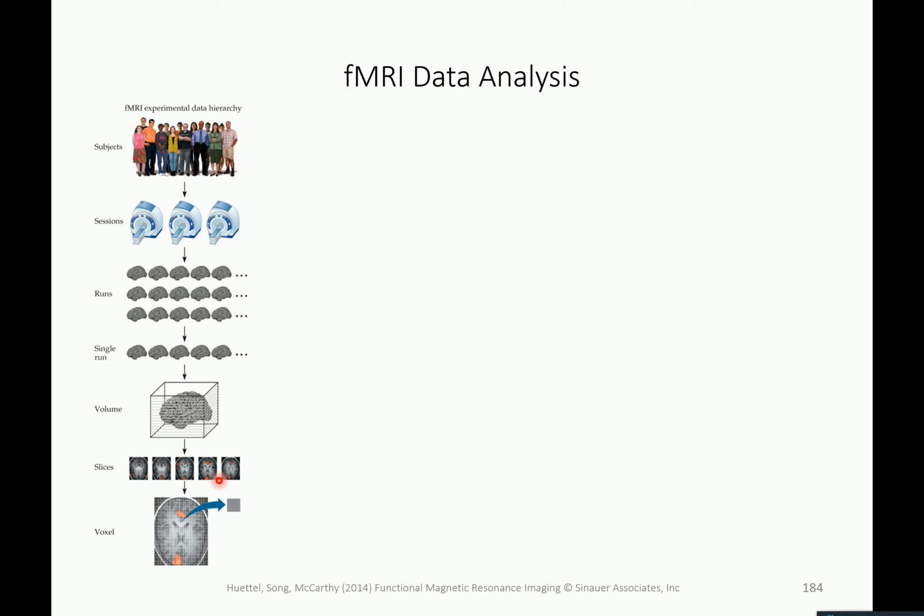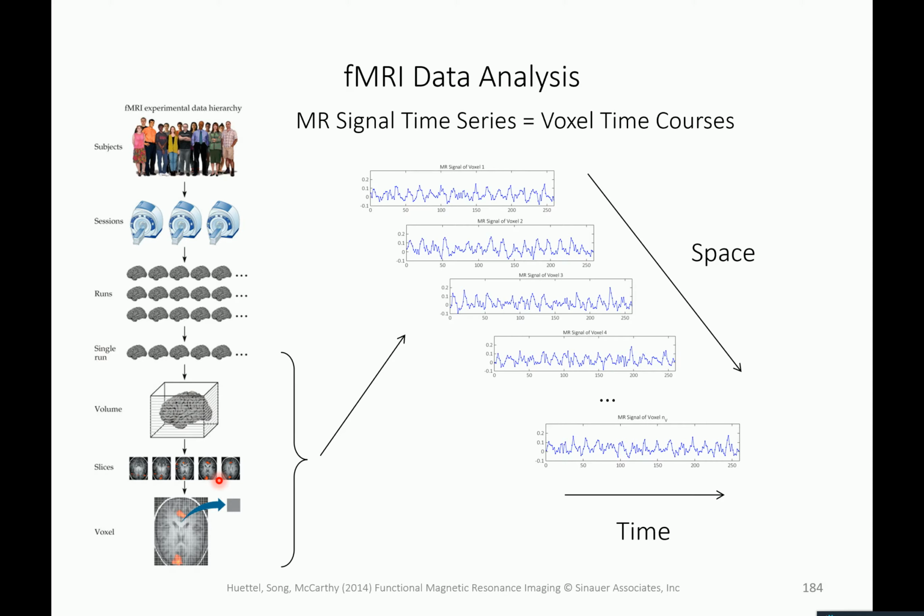There was another question: are the data points on one slice, so that would be the X and Y axis, all acquired simultaneously? Almost. This is then k-space imaging.